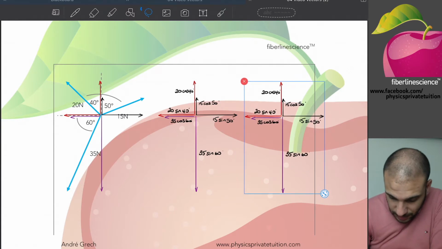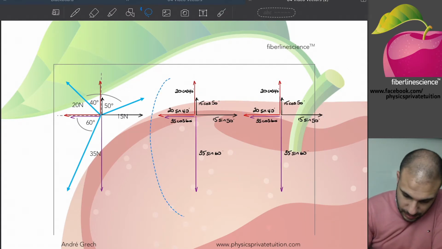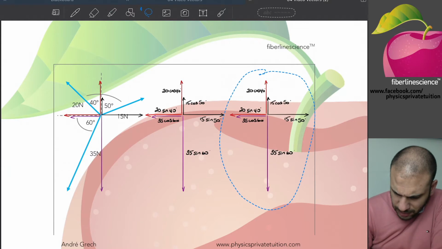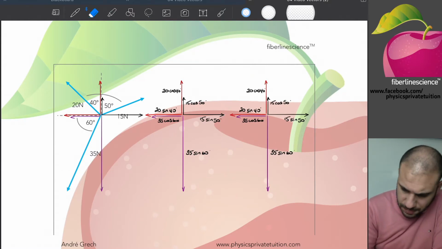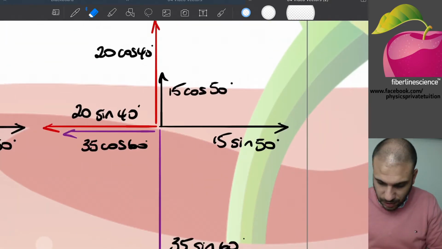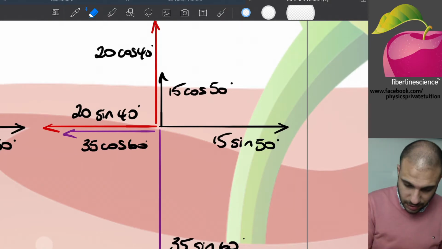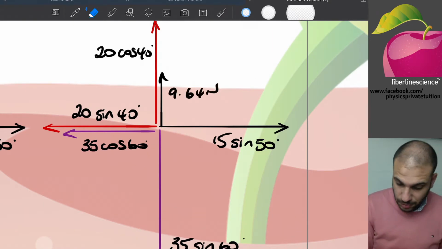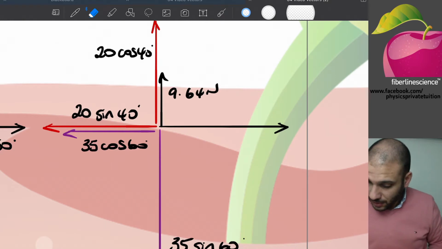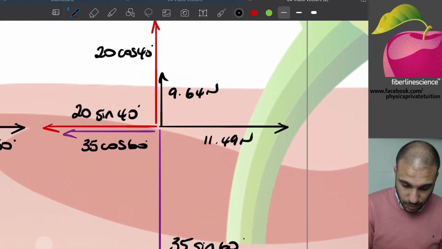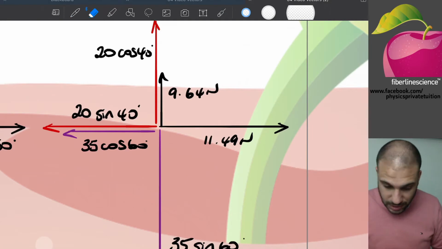This time round I should take maybe some more time to do this, so that everything is neat; it's important to keep everything neat in the exam. So, to avoid mistakes, I will work them out one by one. 15 cosine 50 comes to 9.64, so that one can go and I'm going to replace it with 9.64 newtons. 15 sine 50 is 11.49 newtons. You start noticing that the pattern is always the same, 20 cos 40.